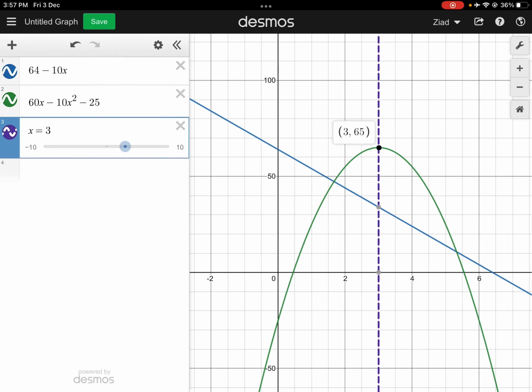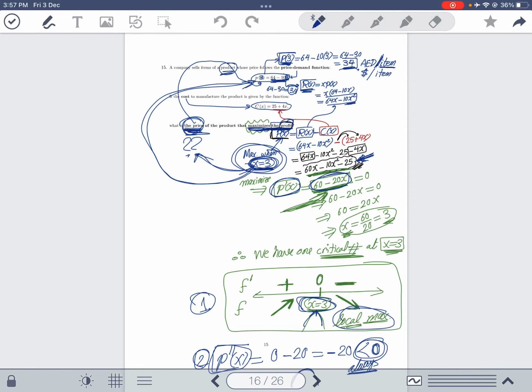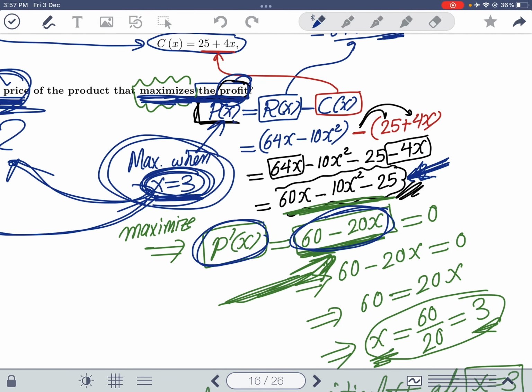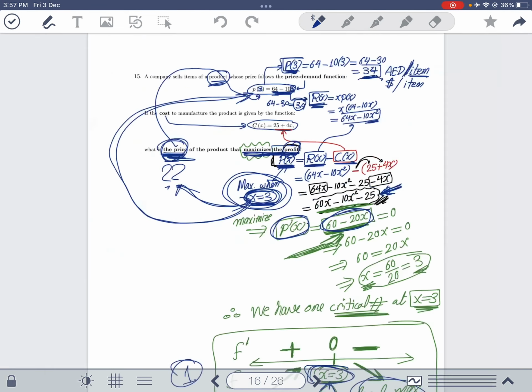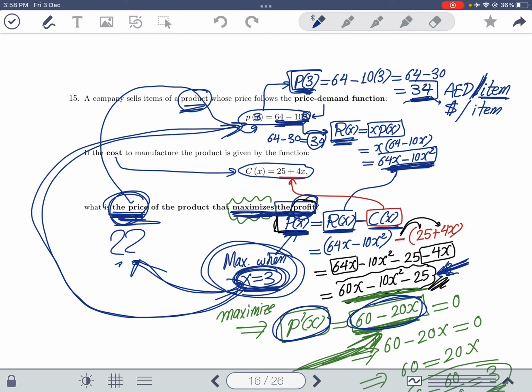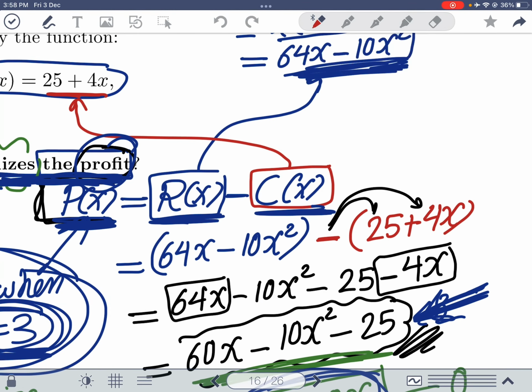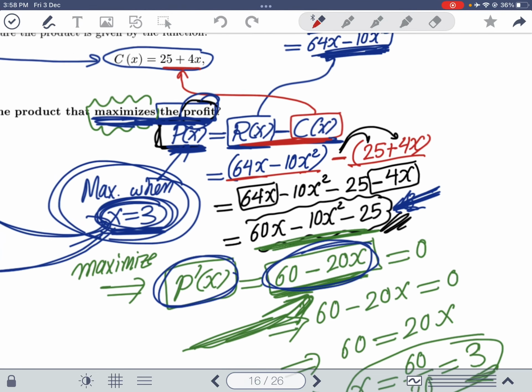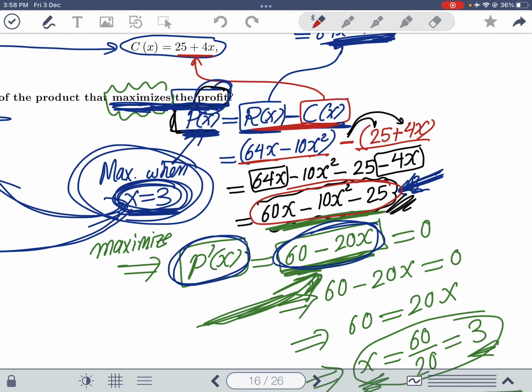So how did we get it? By finding the derivative, setting it equal to 0, like we did in the question here. First you find the profit function as revenue minus cost. In revenue, always you get it from the price demand function by just multiplying it by x. You get the revenue, and then you do revenue minus cost here, and you simplify it, you get a parabola.